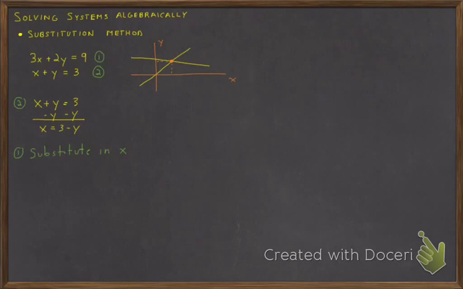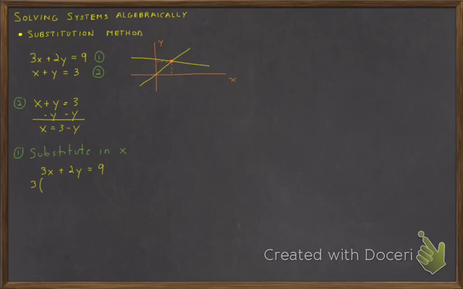So we write equation number 1, which is 3x plus 2y equals 9. So now we know what x is, so we can substitute that in.